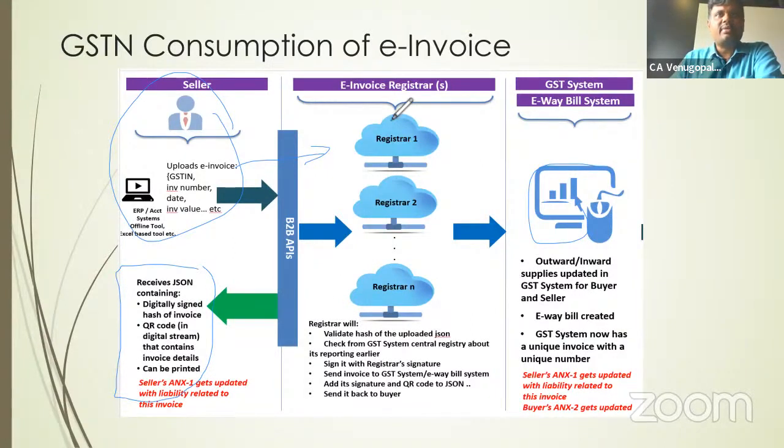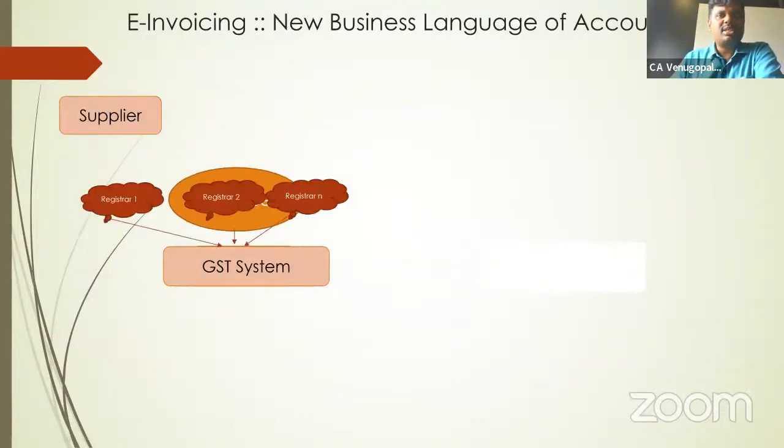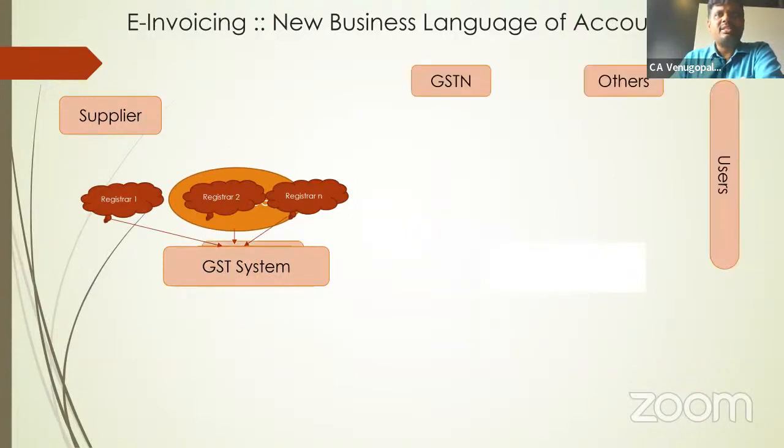In fact, I have an animated way of explaining. As a supplier, you do an e-invoice and push it to the GST system, which is registrar 1, 2, 3, and this registrar will connect to the GSTN portal and generate an e-waybill and e-invoice.